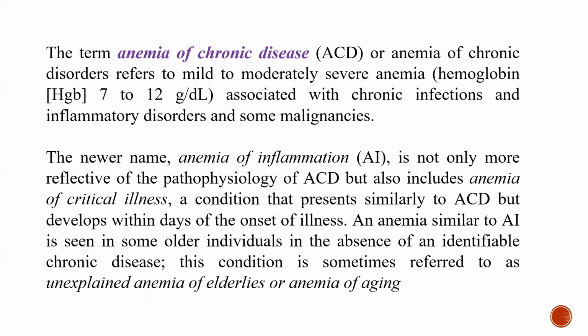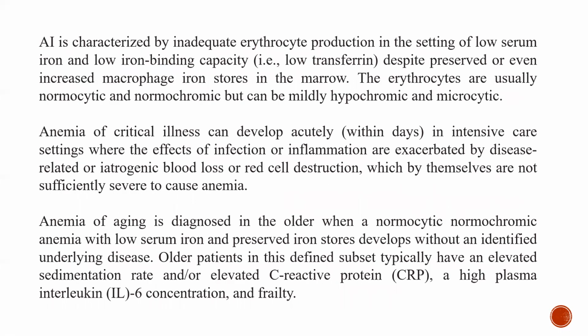A similar anemia is seen in some older individuals in the absence of identifiable chronic disease. This condition is sometimes referred to as unexplained anemia of the elderly or anemia of aging.